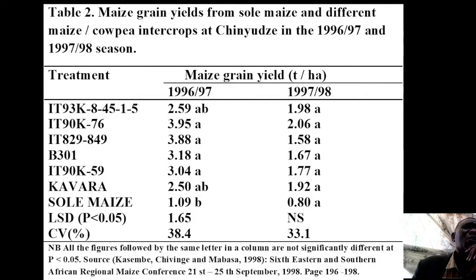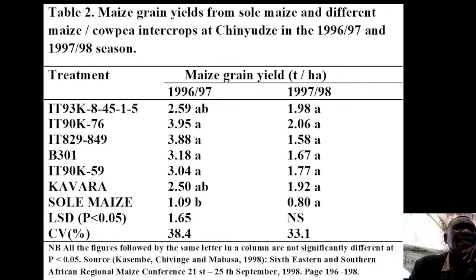Here I'm just showing you the data from intercropping maize with the various cowpeas. In 1996-97, you can see that wherever there was cowpea, the yields were higher than the sorghum maize.